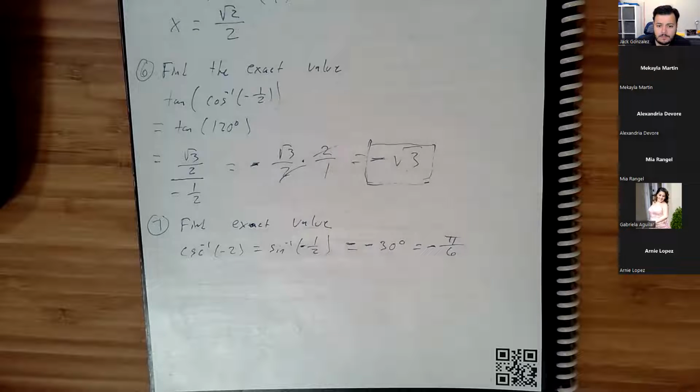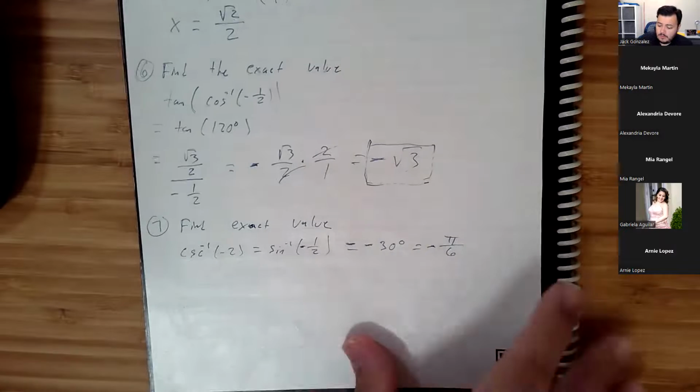All right. So we're moving to number, what was it? It was 7, 8, 9. Okay.